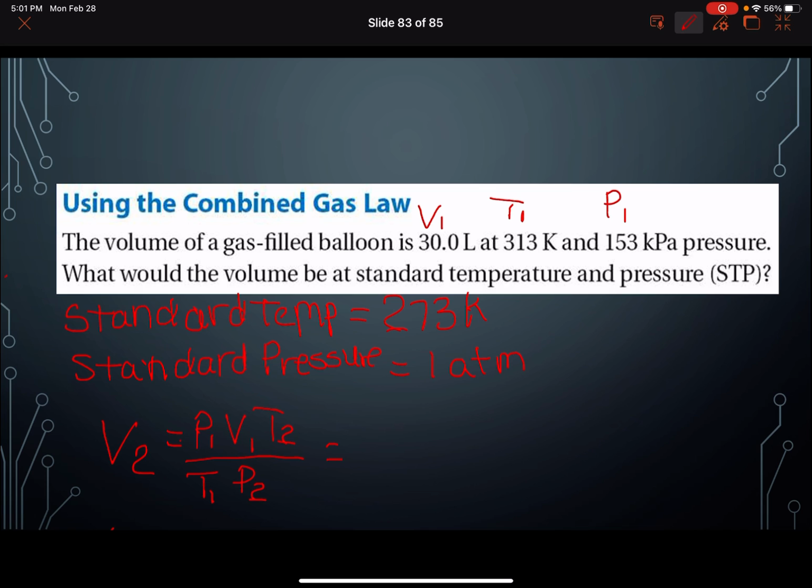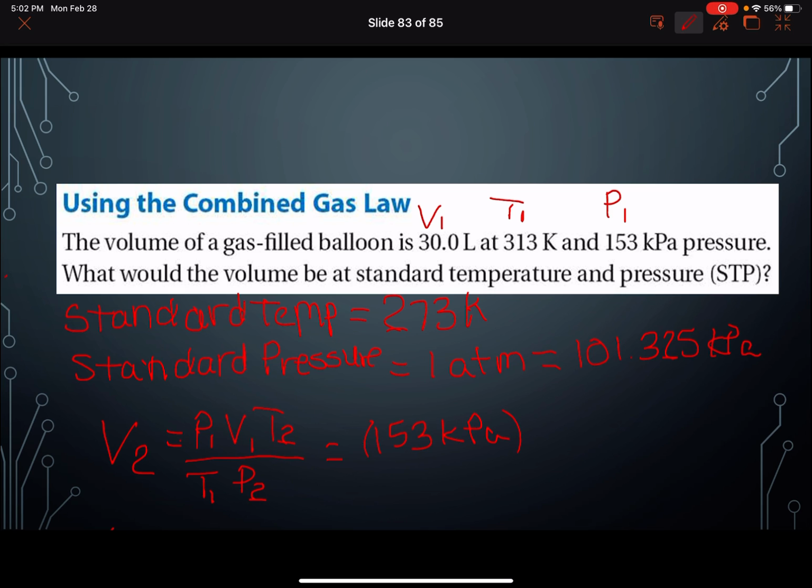The first thing we're going to put in is pressure 1, which says it's 153 kilopascals. Standard pressure is 1 atm, which actually equals, we don't want it in atms, we want it in kilopascals, but we know that. That is 101.325 kilopascals. So there is no conversion. So pressure 1 is 153 kilopascals.